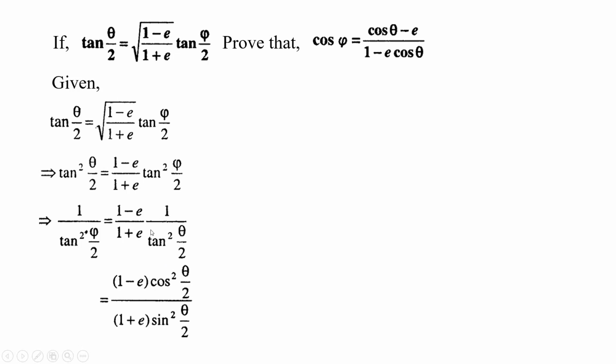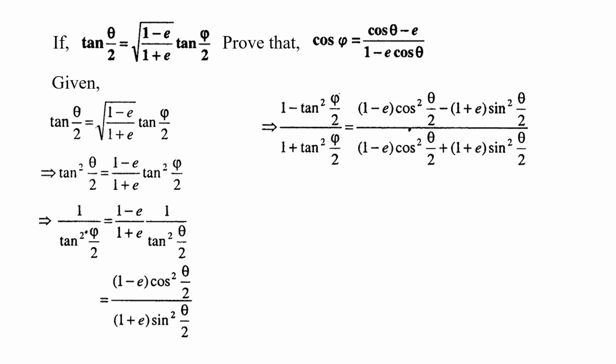And you know tan theta equal to sin theta by cos theta. So we write this. Now dividendo componendo. Using dividendo componendo, we write this line: numerator minus denominator by numerator plus denominator, and the right hand side in the same way.